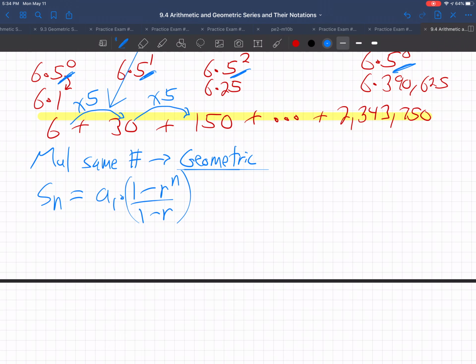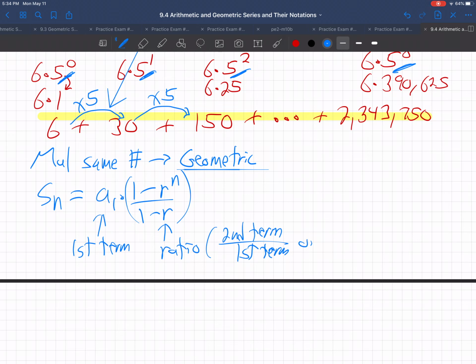So let's plug everything in. A1 is the first term. R is the ratio, meaning it's the second term divided by the first term. Or the jump, same thing as saying the jump from term to term.